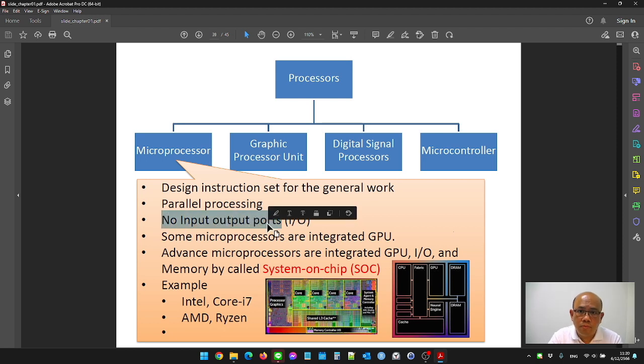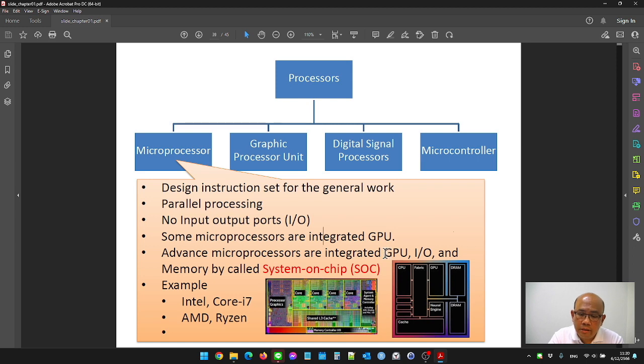For the first versions from about 10 years ago, the microprocessor had no input-output port, but today it is different, because Intel, AMD, and Apple invented microprocessor chips that include the GPU and I/O in the chip.